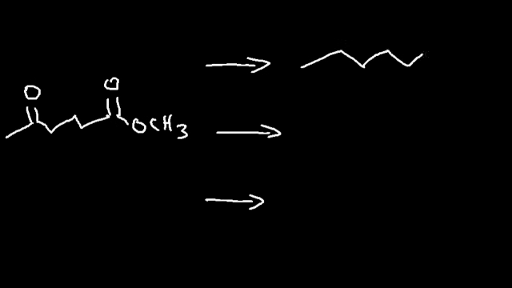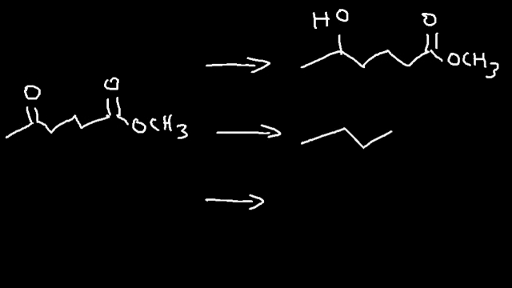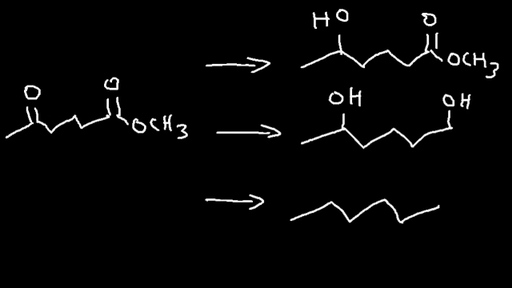How can we reduce the ketone without reducing the ester? How can we reduce both the ketone and the ester into an alcohol? And how can we reduce only the ester but not the ketone?